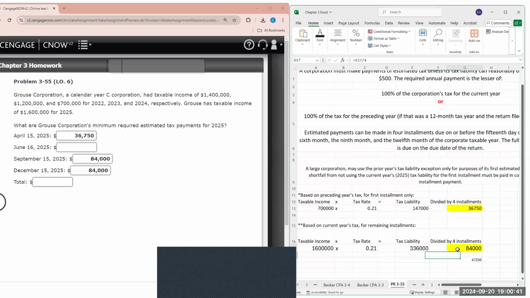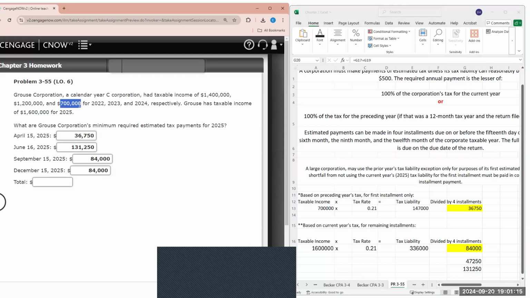So in the second quarter, we are paying the 84,000 plus the shortfall from what we did not pay in the first quarter. So therefore, our second quarter payment will total $131,250.